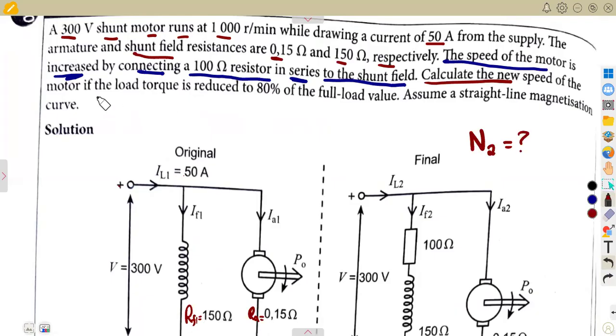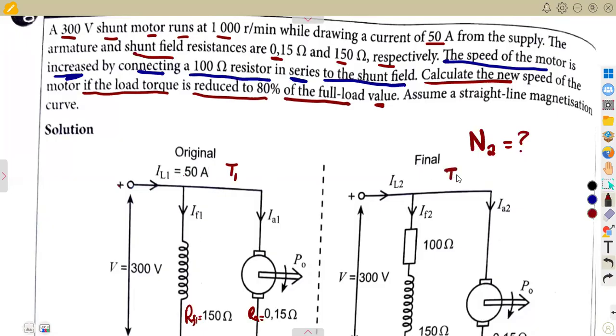This speed is supposed to be calculated if the load torque is reduced to 80%. Take note there, it is reduced to 80% of the full load value. The full load value is of the original condition. At original condition, you'll be having T1.